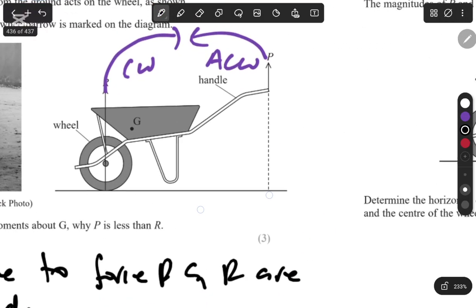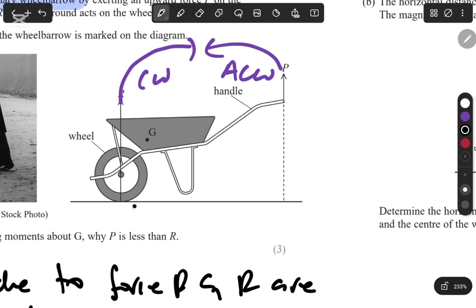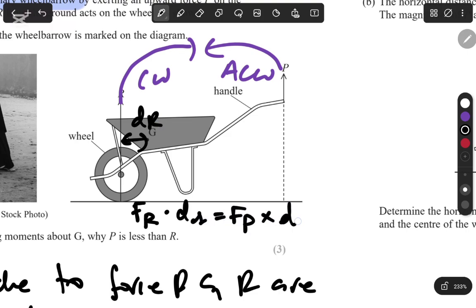So we have force R here times distance. This is the distance, let's call it dr. Distance dr is equal to the force P times distance p. Now you can see that this distance p is greater and this distance r is smaller.